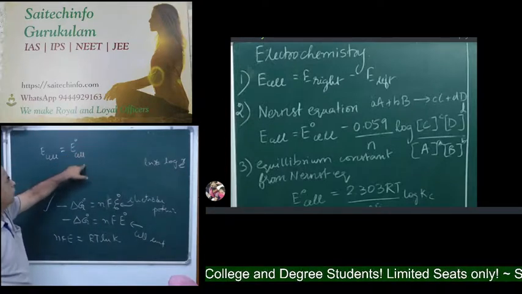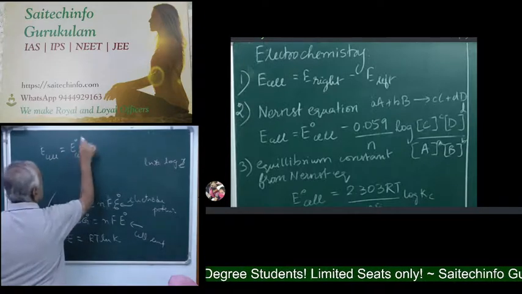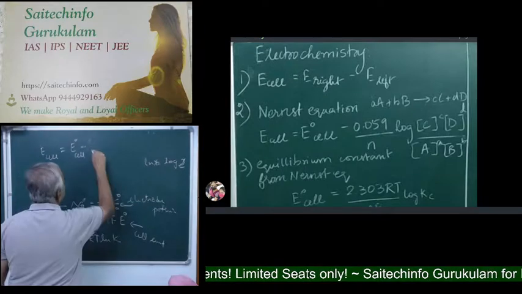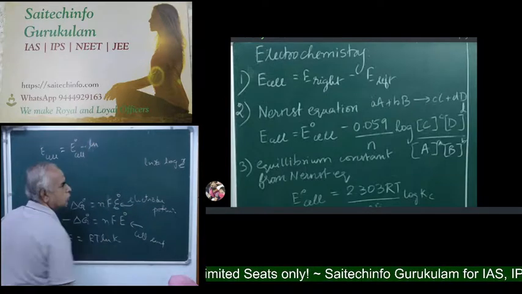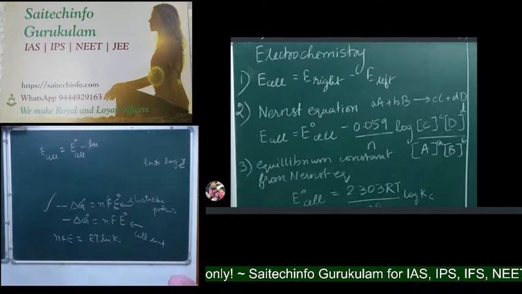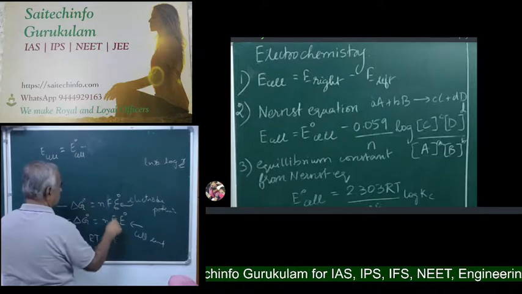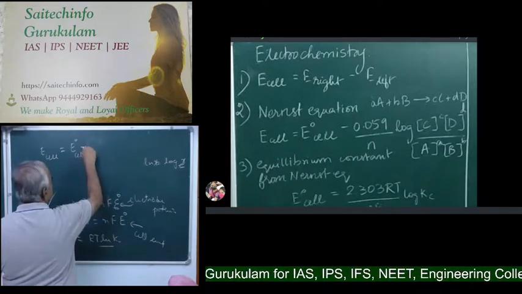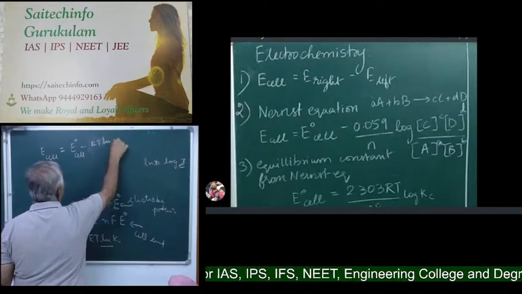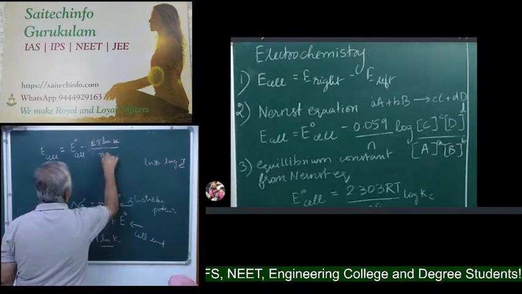That is cell EMF at standard state, minus RT log of natural log of K, because we have got RT log K, is it not so? Divided by NF.